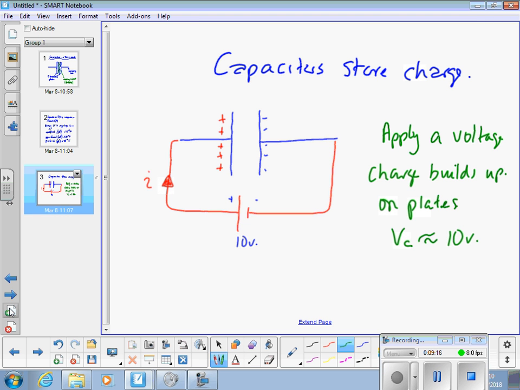Yep. So measuring the voltage across here, eventually we'll get to a point where that's near as damn at 10 volts. And you'll understand next week why I'm saying near as damn at, because it doesn't ever really actually get all the way there. Okay.